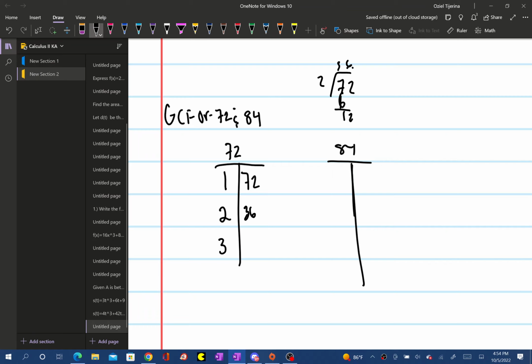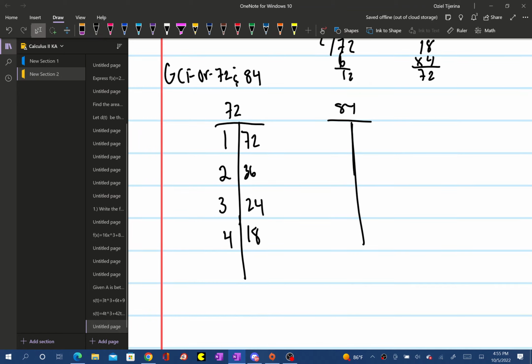Then 3 times 24. And then it's 4 times 18. And then 6 times 12. And then 8 times 9. And then it goes back all the way over.